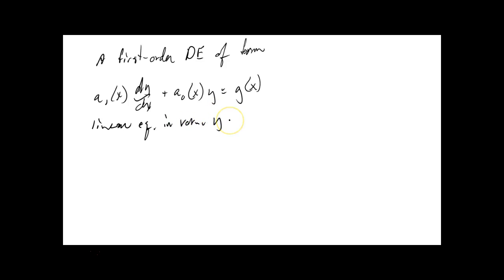Linear in y because your y is only to the first power, your dy dx is to the first power, and no cross terms, okay? And this is first order, so we don't go any higher than dy dx. So that's a linear equation in the variable y, okay?